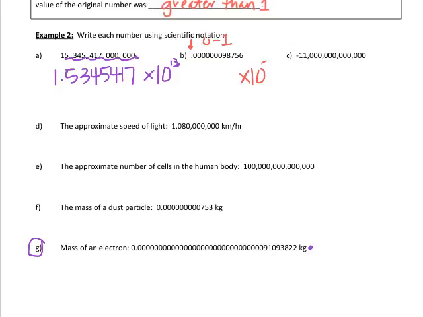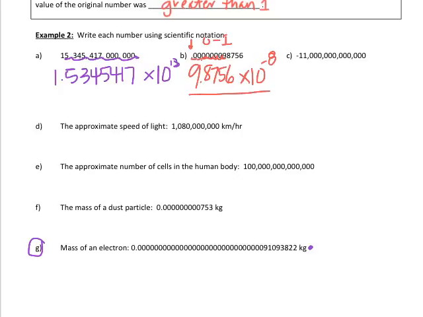So I'm going to move my decimal over. 1, 2, 3, 4, 5, 6, 7, 8. Okay, I've got to move it over 8 places so that I have 9.8756, and my exponent is 8 because I moved my decimal over 8 places. All right, so there's my answer for that one.